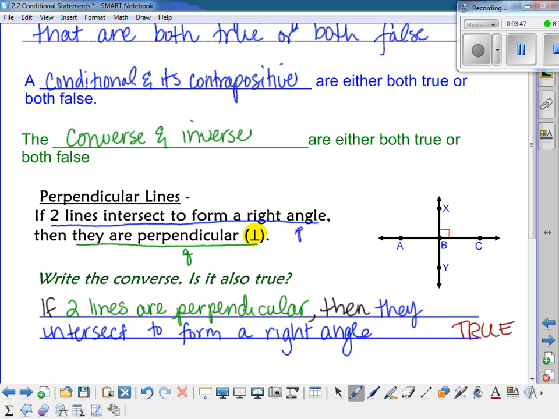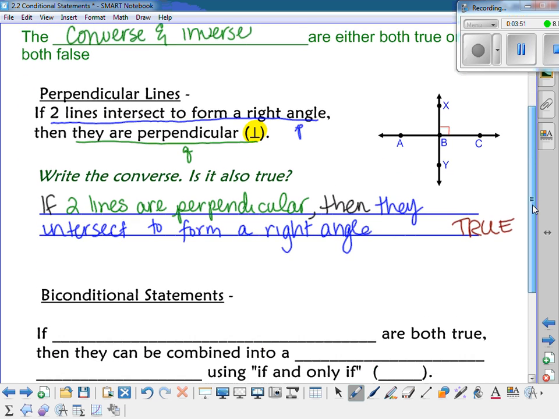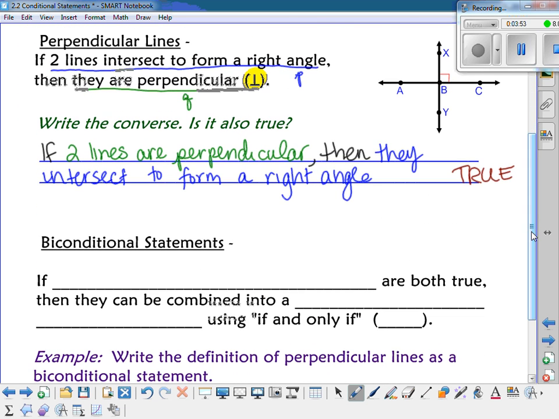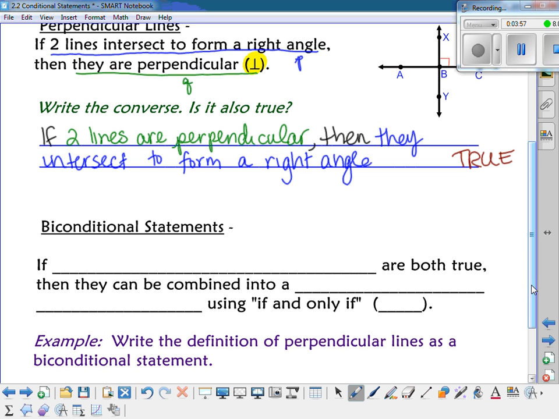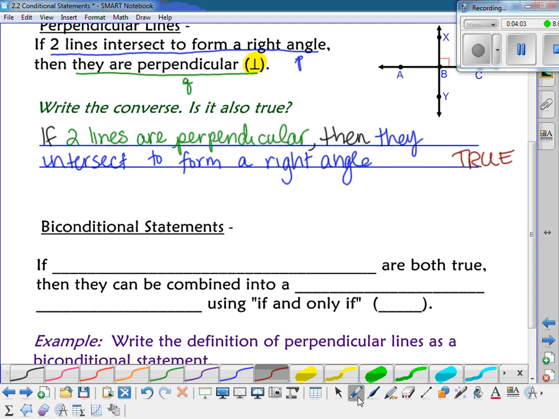Okay, so when we have a conditional statement and its converse, if they are both true, then they can be combined into what's called a biconditional statement. So let me fill in the blanks down here first.